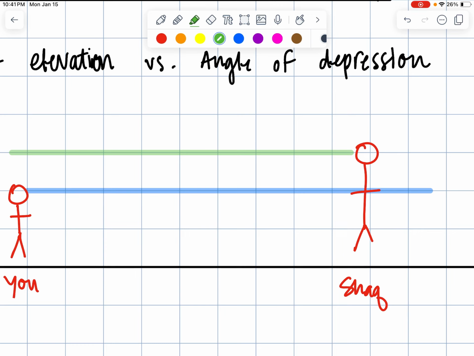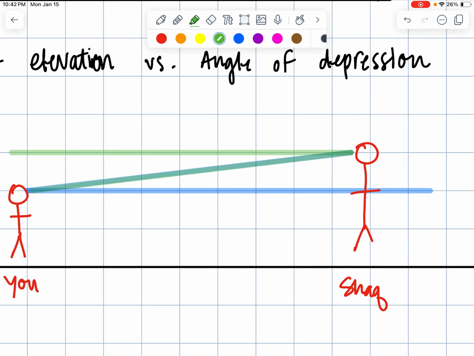Angle of elevation depends on in which direction you tilt your head up or down. In this particular case, you are looking up to see Shaquille O'Neal, unless by some miracle you are taller than Shaq. In Shaq's case, he is looking down to see you.